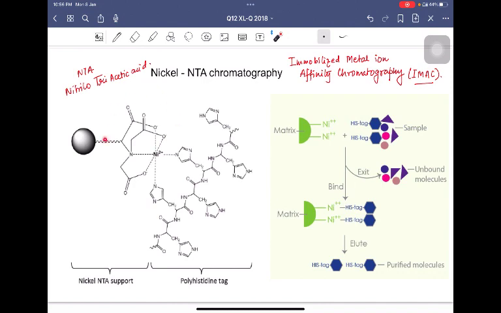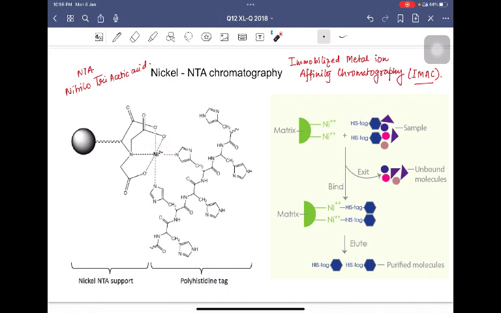NTA is nitrilotriacetic acid. We can see there are three acetic acid moieties here.